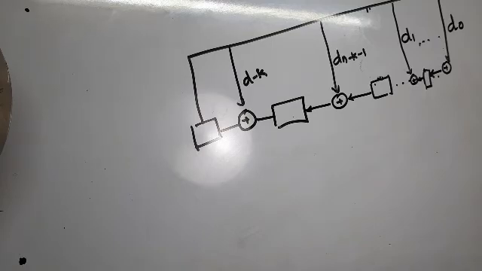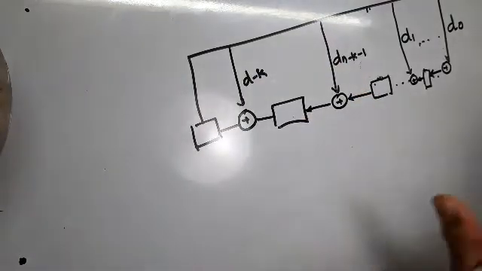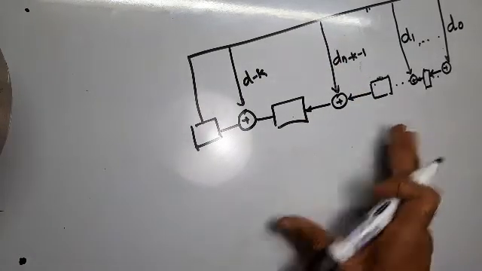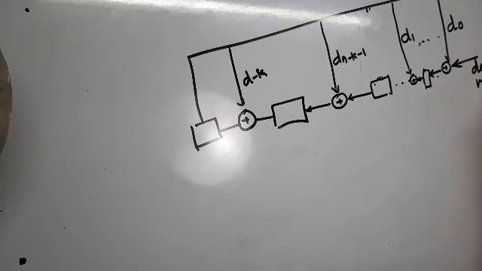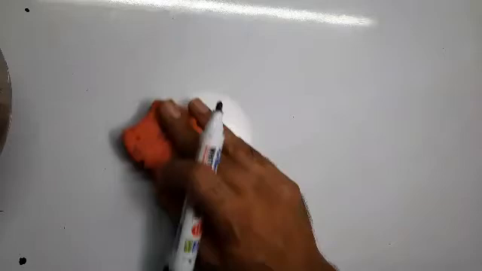I hope it is clear to you. This is the block diagram for the general case, and we are going to input the data word from here. The data word is going to be inputted from that side. I hope it is clear to you. This is one of the designs of this hardware.